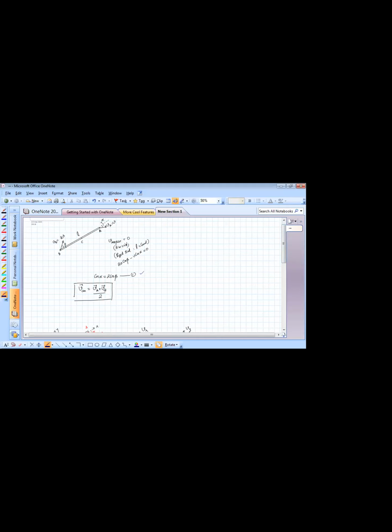Okay, so you have equation 1, which I hope all of you understood. Then this other equation that I've written, that VCM is equal to (VA plus VB) by 2. You should always know this as a fact actually.